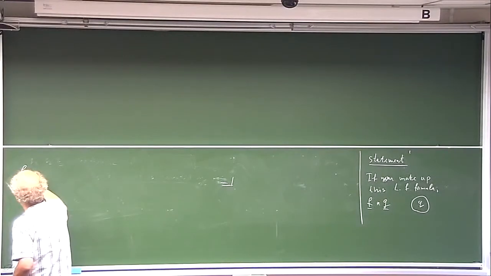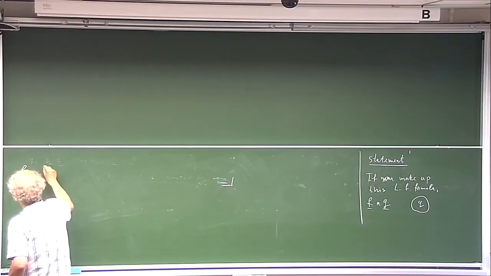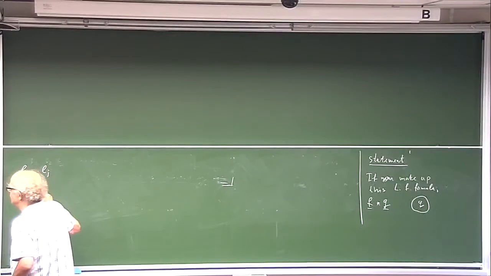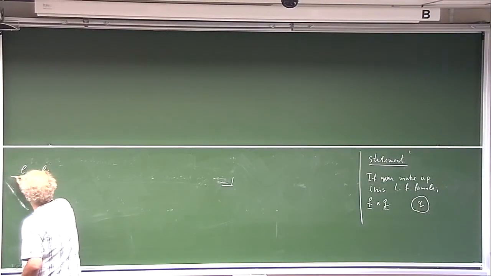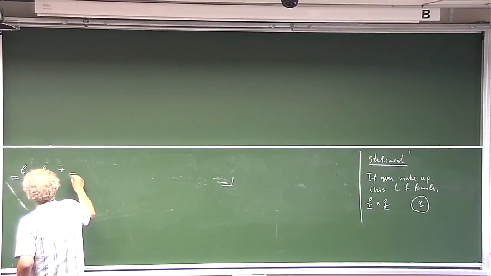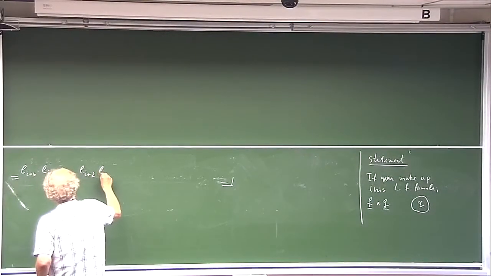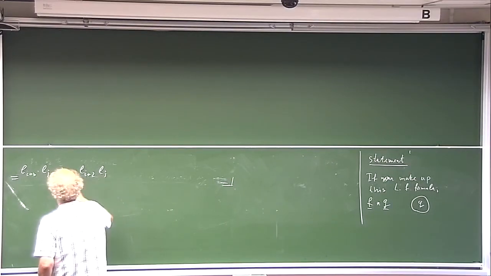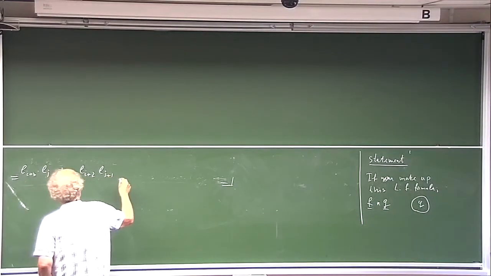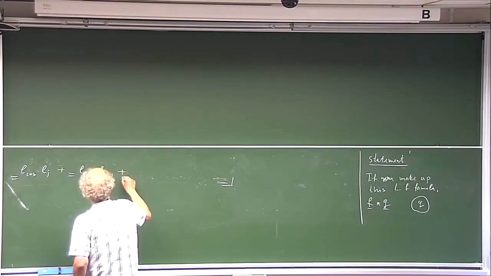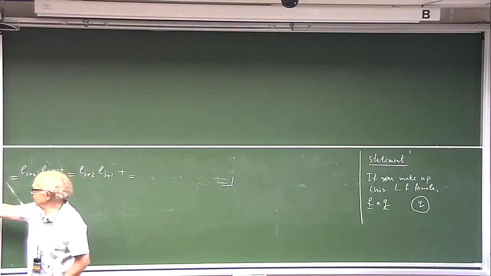You get E_{i+3} times E_j with some coefficients Bj, which I don't want to write now, then E_{i+2} E_{j+2}, and the coefficients will be the coefficients of this polynomial.